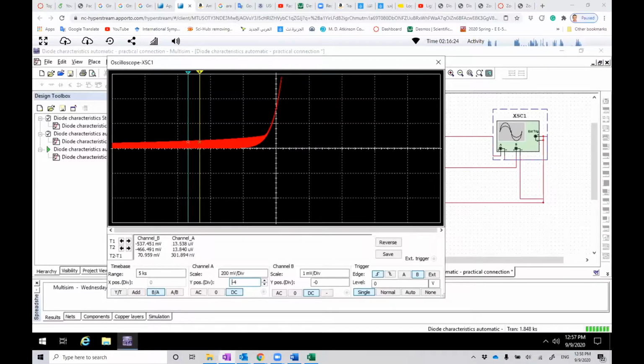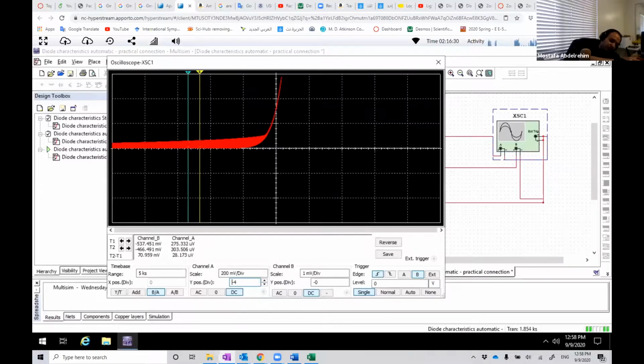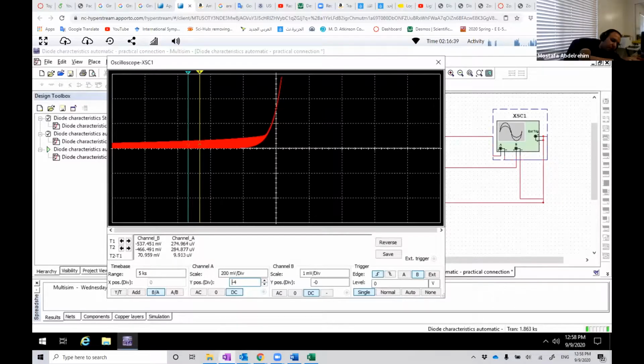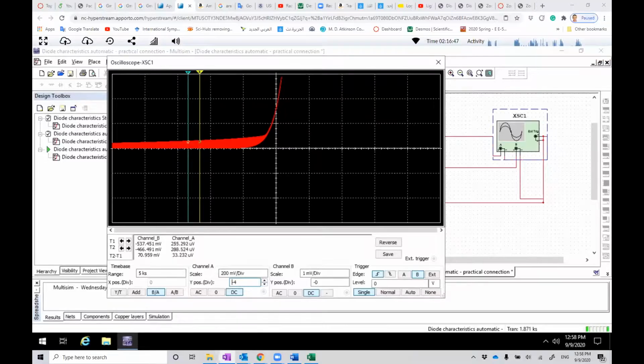Is it about 1.2 divisions? This is Y2. Oh no, for y2 I got 2.816 minus 1.612, and I get 1.204. 1.204. This is the voltage, but this is the divisions, right? I think it's already multiplied with the channel.